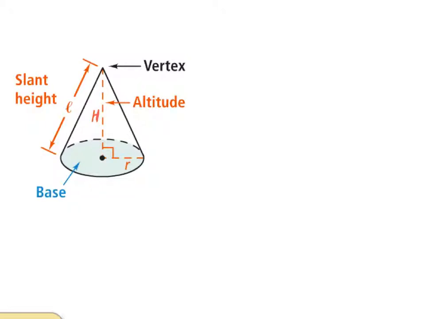But the base, rather than being a circle, is now a triangle. So how many triangles are on that lateral surface? On this one? 3 on the lateral surface, not the base. Lateral surface does not include the base. There are 1, 2, 3 triangles because I had a triangle base.